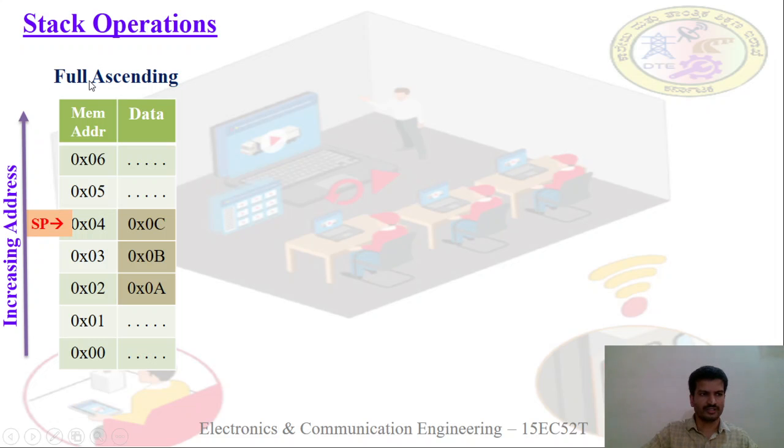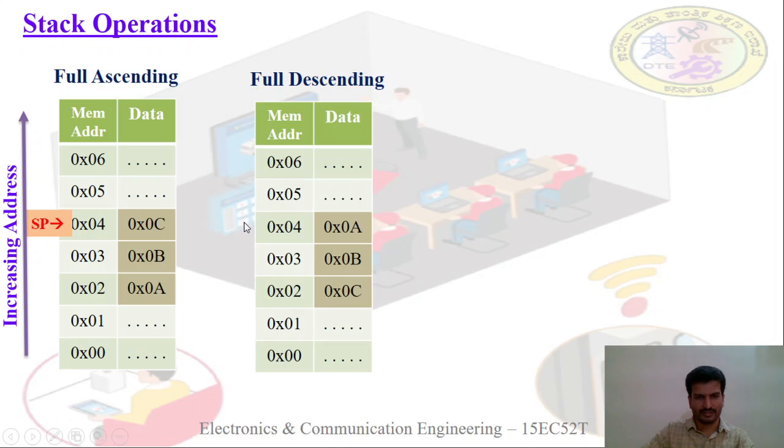Full means the stack pointer points to the last item on the stack. Stack memory starts from a lower address, say from 0, so after pushing A, it will increment by 1. After pushing B, it will come here. Then the stack pointer is pointing to the last item on the stack. So this is called full stack. Whereas in full descending, I will take the same memory locations.